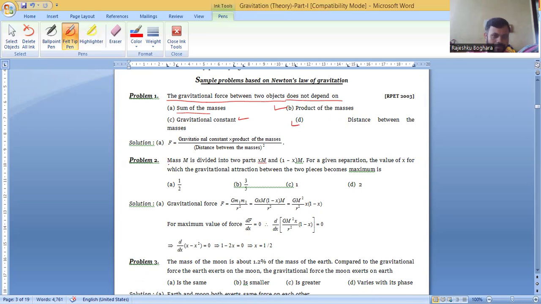Problem 2. Mass m is divided into two parts, first xm and second (1 minus x) m.